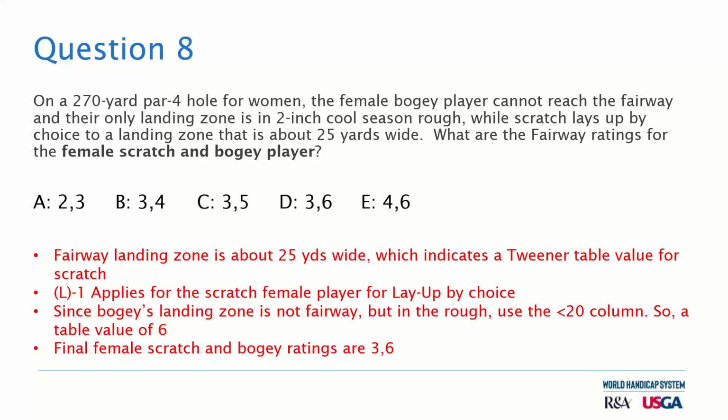So that's why we didn't apply either W adjustment. We wanted to make sure that we gave you that 2-inch rough, that cool season grass being played from, and that certainly didn't indicate that we should use the W adjustment. So that's how we got to our final answer of 3-6, letter D.